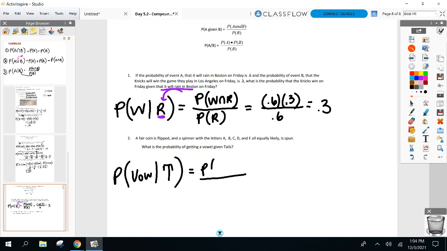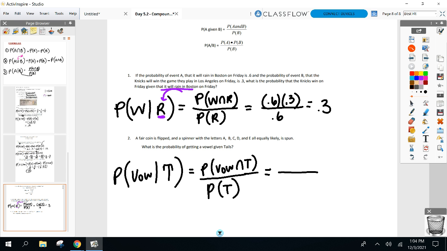Probability of a vowel and tail, which I don't have from a previous example, so we're going to have to calculate that. Over, be careful now, the probability of what's given to us, what already happened? A tail. Yep. I love that we did not do this yet. How do I calculate the numerator?